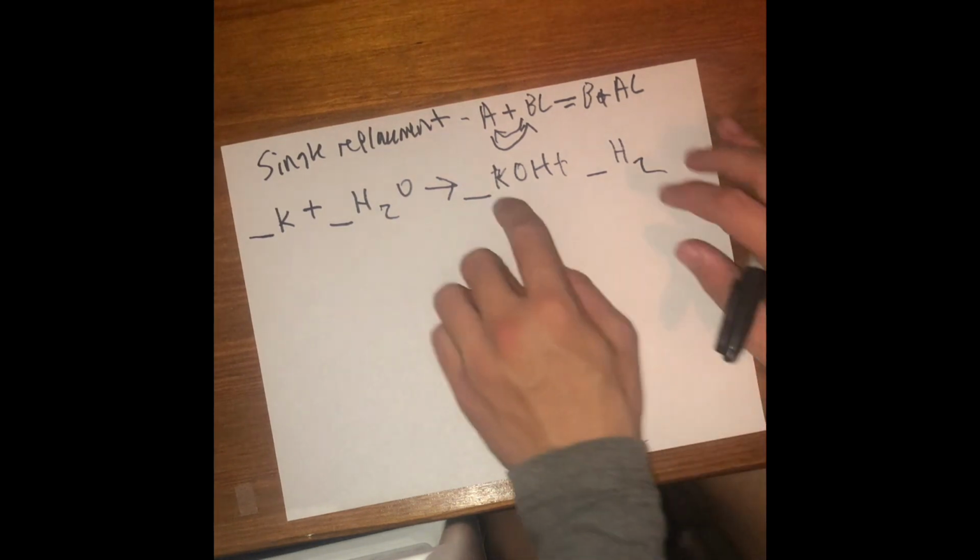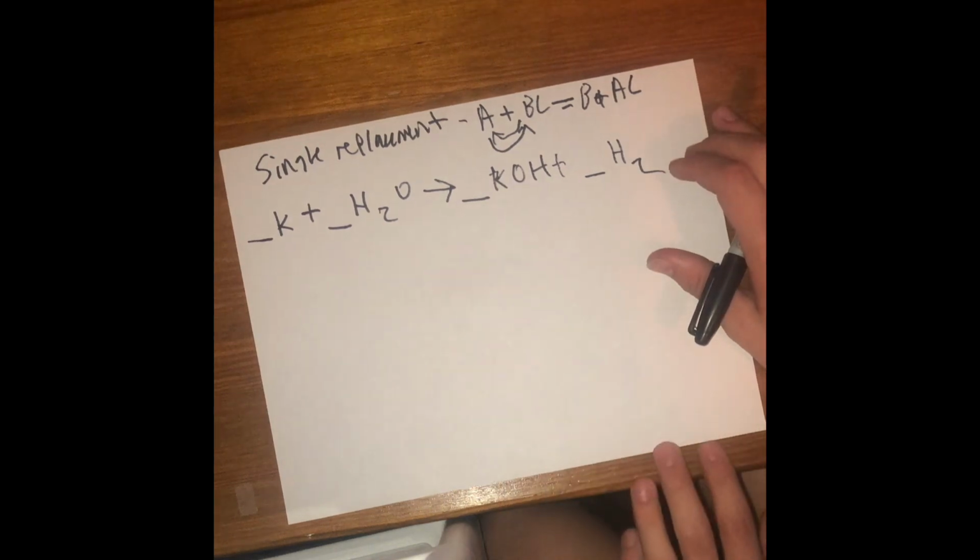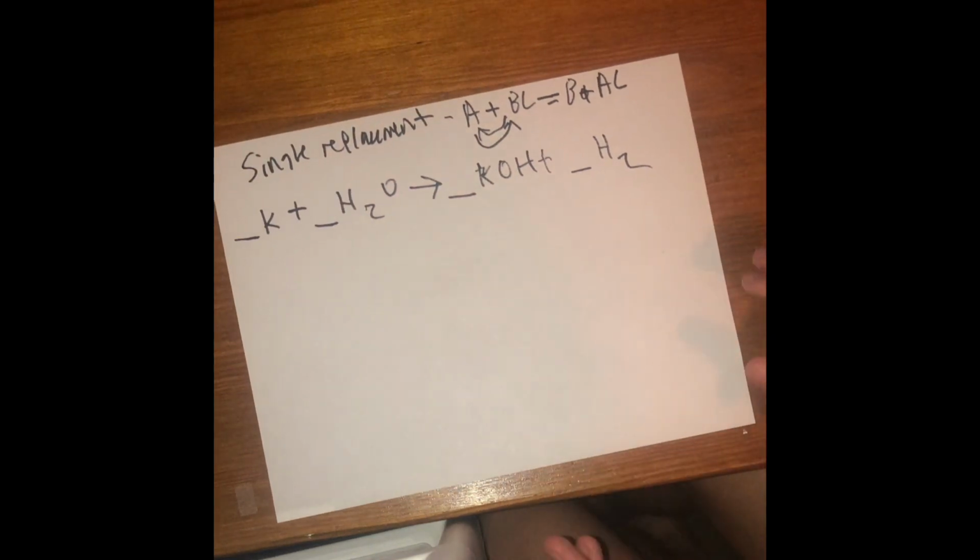So this right here is potassium hydroxide. Potassium hydroxide is a specific substance that I can explain later, what it actually is and what it's used for. But we need to balance this out first using the rules that we've been applying lately.